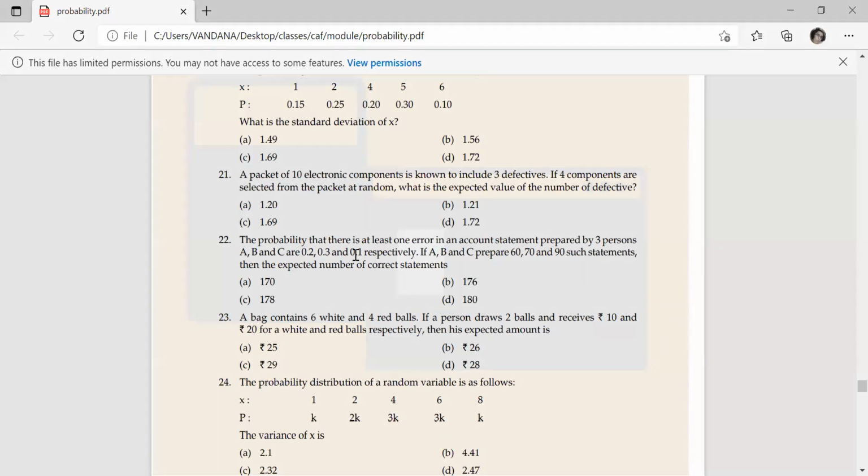23rd, a bag contains 6 white and 4 red balls. If a person draws 2 balls and receives 10 and 20 for a white and a red ball respectively, then find his expected amount. Okay. There are 6 white and 4 red ball.